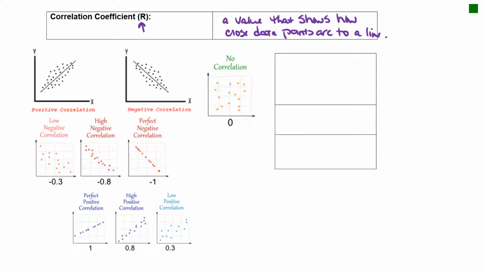Okay, and because we're trying to get a nice up line or a nice down line, it's always between -1 and 1. Think about your slope, okay?